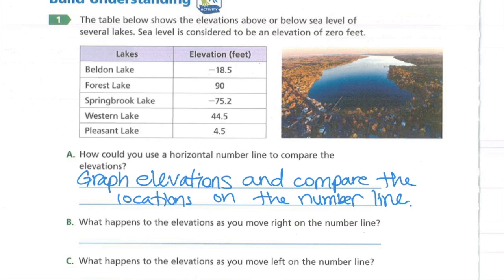So we could put them on the horizontal number line and we could see which ones were closer to 0, which ones were further from 0. What happens to the elevations as you move right on the number line? As we move right on the number line, they would increase. And as you move left, they would decrease because the numbers decrease.